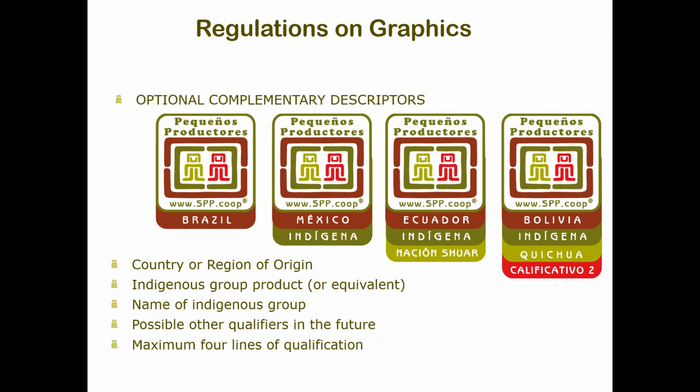In the main menu, go to SPP system, then normativity, and then complementary criteria. If you plan to use these complementary descriptors, you can see which criteria are going to be evaluated by the certification.